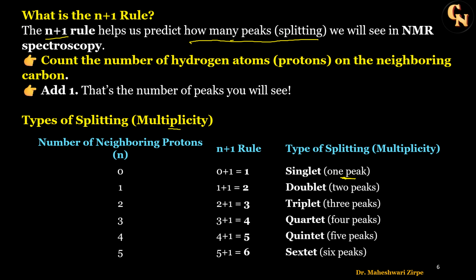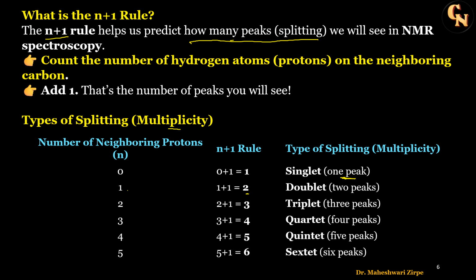Then if the neighboring carbon has only one proton, the rule gives 1 plus 1, which is 2. So if the neighboring carbon has only one proton, the proton is going to show a doublet. 2 indicates 2 peaks, so it will show a doublet. If the neighboring carbon has 2 protons, then it is 2 plus 1, 3, so it is known as a triplet.